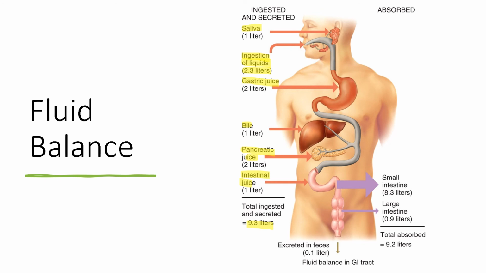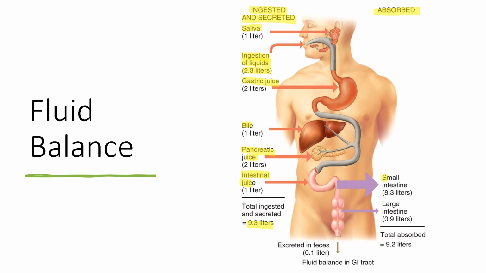This figure here is going to show us the amounts of fluid ingested and secreted on the left, and then the amounts of fluid that are absorbed on the right. All water reabsorption is going to occur by osmosis from the lumen of the intestines, again, through those absorptive cells and into the blood capillaries.